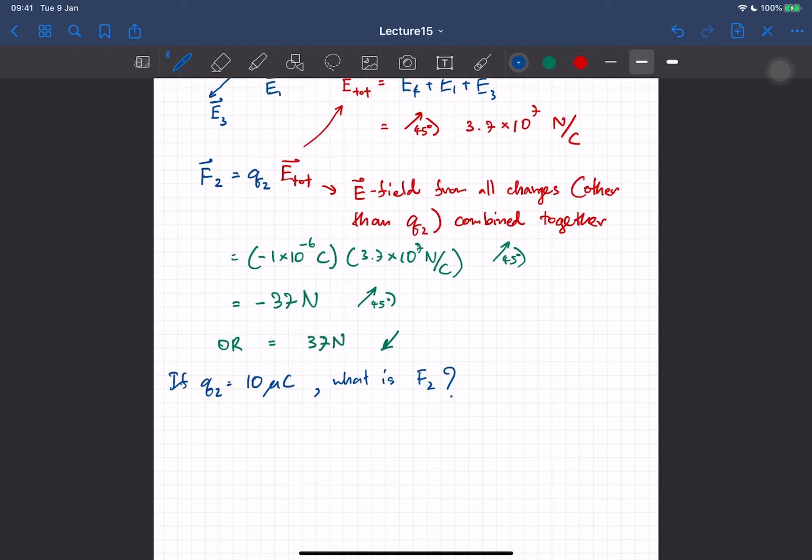It's a one-line calculation because F2 is Q2 times E total, which is the same. The only thing that is changed is what you're multiplying here. So in the end, you will get 370 Newton in the northeast direction like this. You don't need to recalculate the electric field because that's independent of what the value of Q2 is.